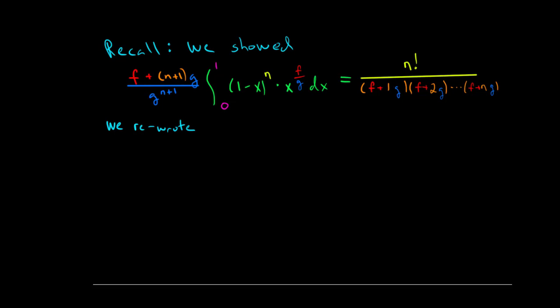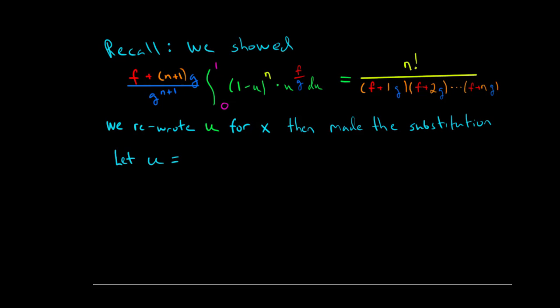So then we rewrote u for our dummy variable in place of x. So we put a u there where the x's were. I'm just doing that here. And then we made this very important variable substitution. We let u equal x to the g over f plus g.